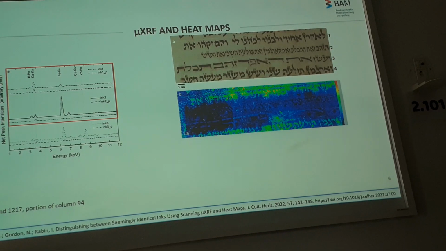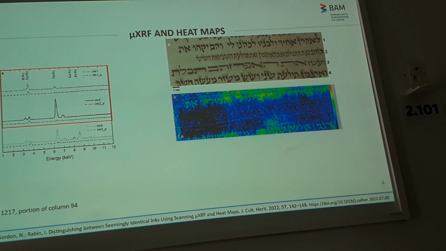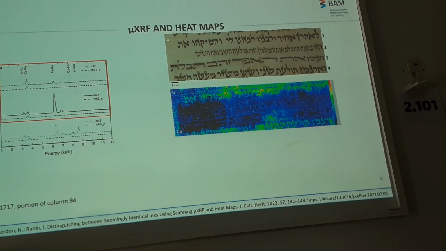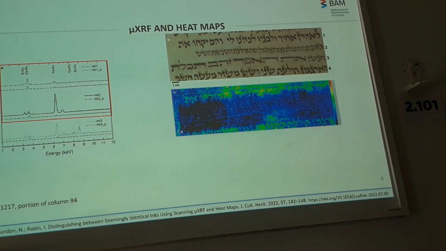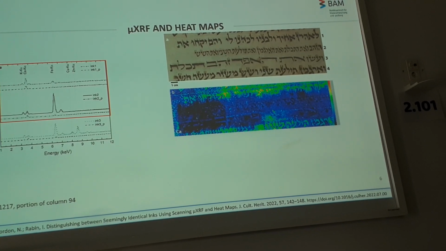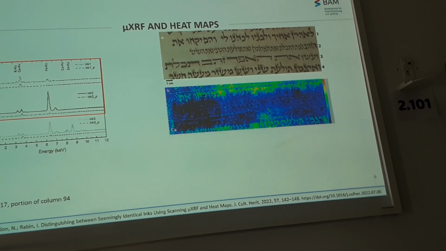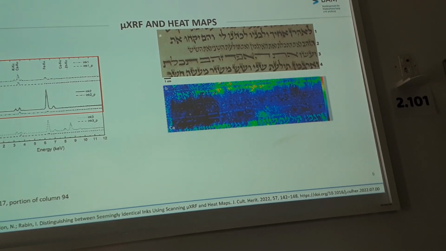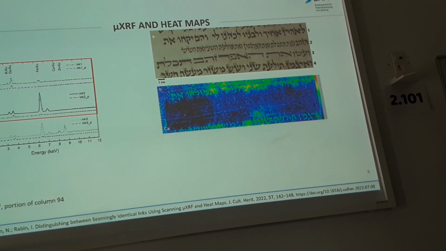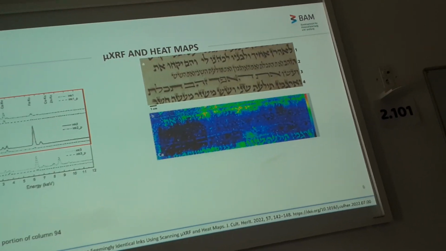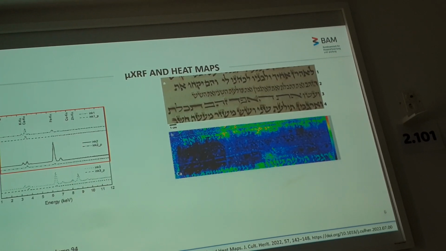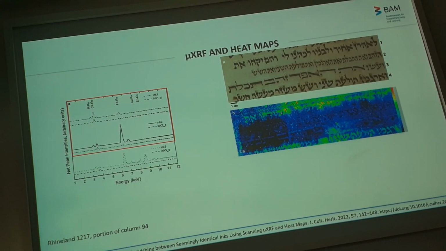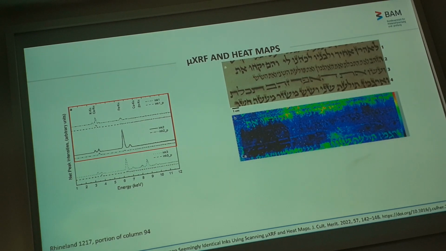By heat maps, I mean that where the signal is stronger, the abundance of an element is higher, the color in the map displayed is warmer, and in contrast, when it's darker or colder, simply there is less of this element. If we look at the areas between the second and the third line, we clearly see that the calcium has been removed from the substrate, which fits well with different handwriting of those 2 lines, the second and the third line.